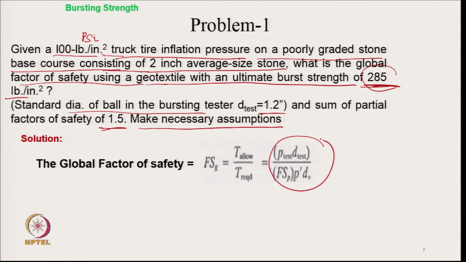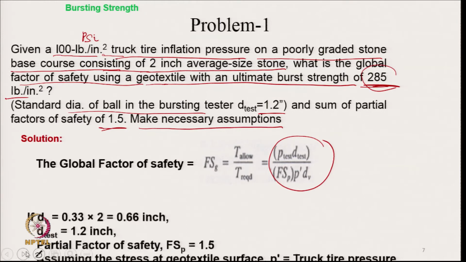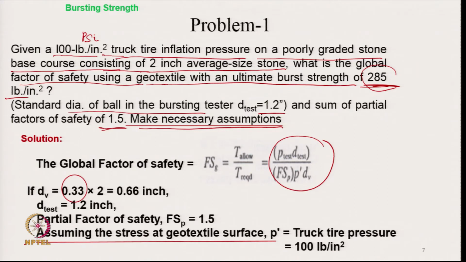Here we know that dV equals 0.33 times 2, where 2 inch is the average diameter. So, this is the assumption we will use here, 0.33 multiplied by 2, and test diameter is given as 1.2 inch, partial factor of safety is also given as 1.5.